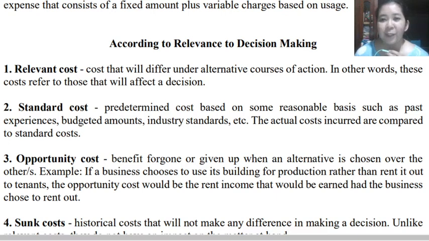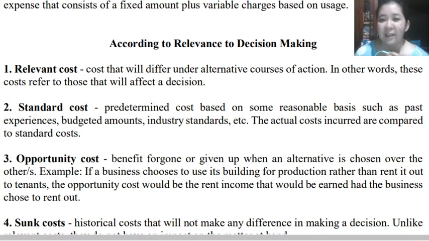However, if you continue to college and graduate, you will have a better opportunity to land a job which pays higher compared to the salary you are earning if you are not a college graduate. So in that case, relevant cost will make a difference in your decision making.